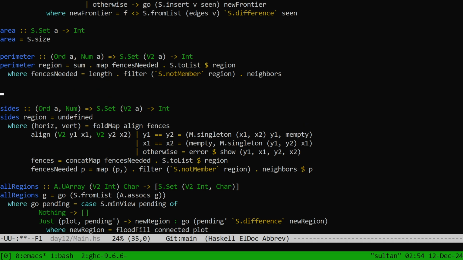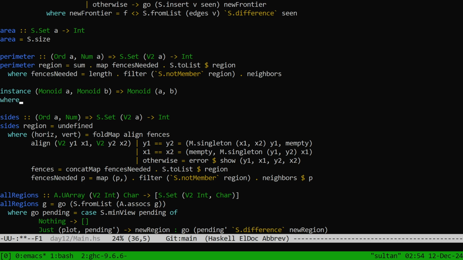We can write it out here, instance Monoid (A, B). I could just look this up in GHCi, but if A and B are both monoids, then the pair (A, B) is a monoid where... Why doesn't it want to insert this for me? Is my file not parsed right now? Oh, because normally you don't write it like that.